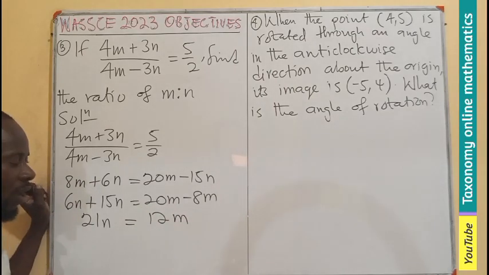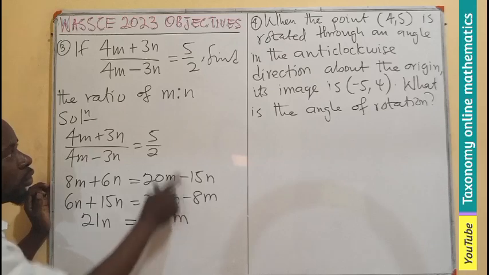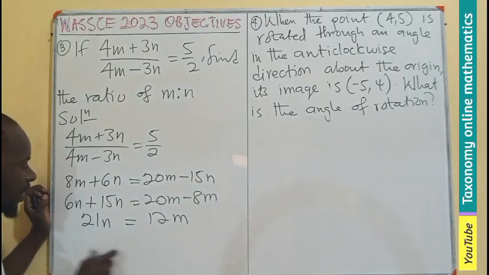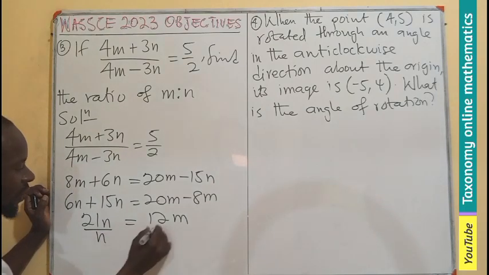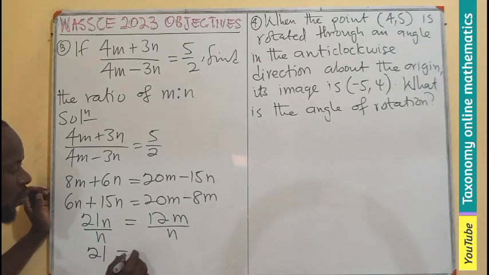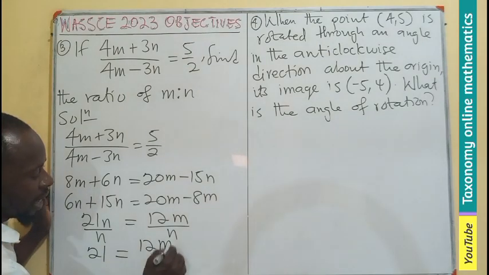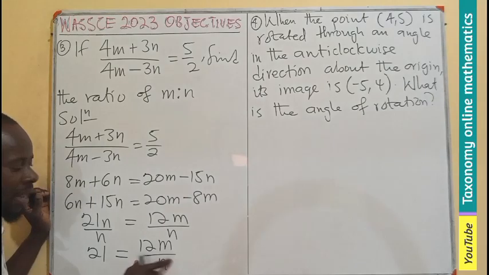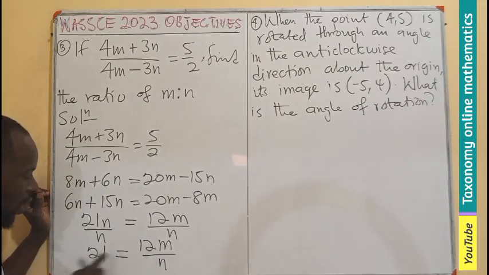Since we are looking for the ratio M is to N, let's divide both sides by N. So if you divide by N, the N will cancel here. So 21 will be equal to 12M divided by N. Now we can still divide both sides by 12, so that the 12 will come here.